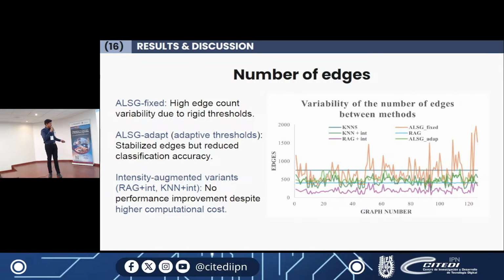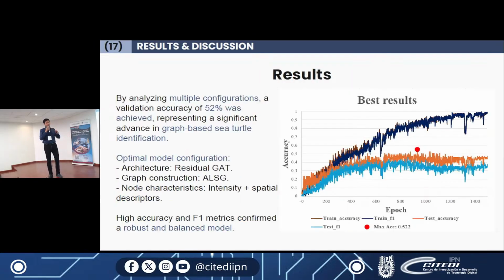Yes, with this approach, the variation in the number of edges between graphs decreases. But we increase the computational cost, and we also don't increase the performance. So for this reason, I don't use that. I just explored it to clarify whether it is a better approach. So finally, I only use the main or base models.